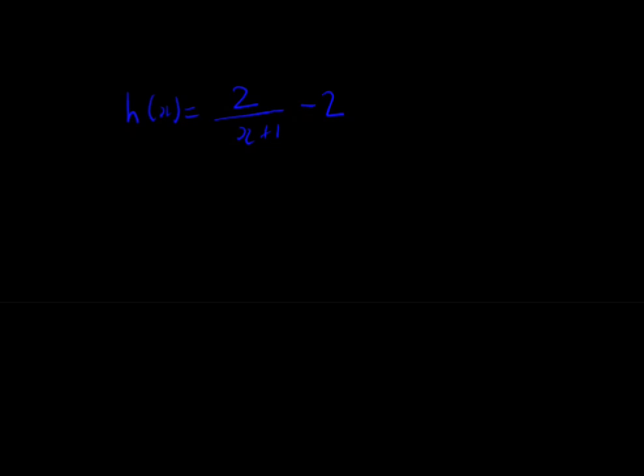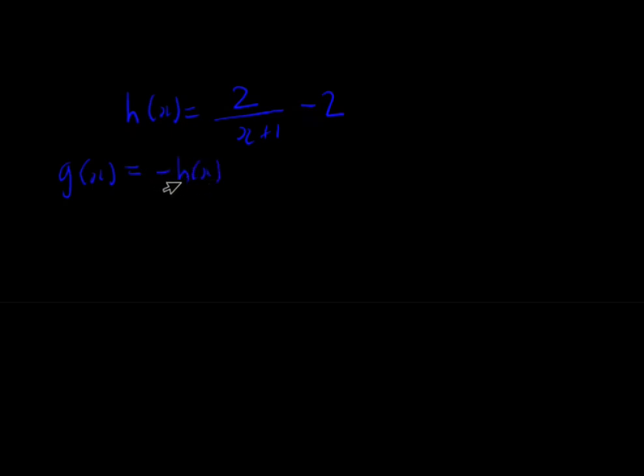Let me start with the easier one first. Let's say they say g is the reflection of h in the x-axis. Then they ask you to write the equation of g. Well, if they say g is the reflection of h in the x-axis, you'll say g is equal to minus h of x, right?